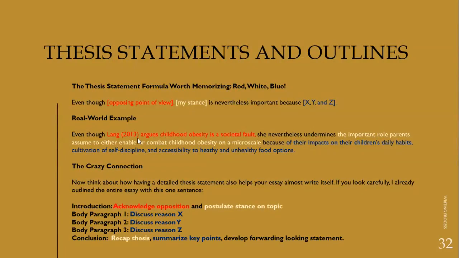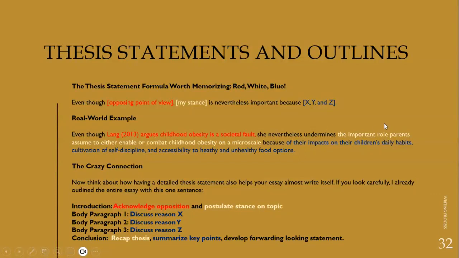That means you did your homework and you did your literature and you went through the processes the right way. She nevertheless undermines the important role parents assume to either enable or combat childhood obesity on a micro scale. So the conflict here, the controversy is, it's the media's fault, it's the school's fault.